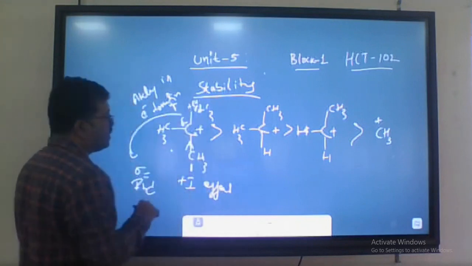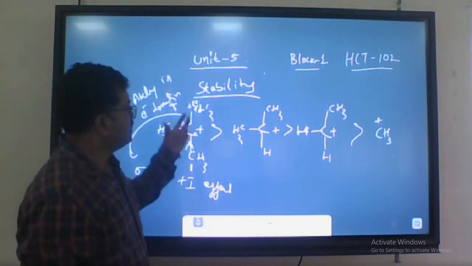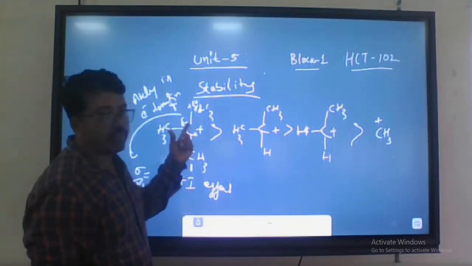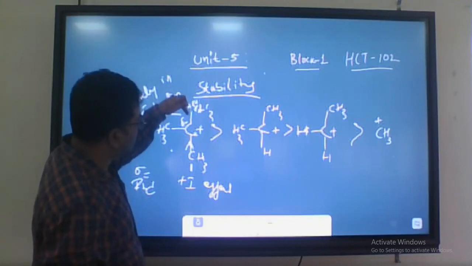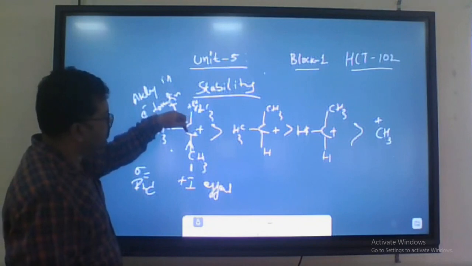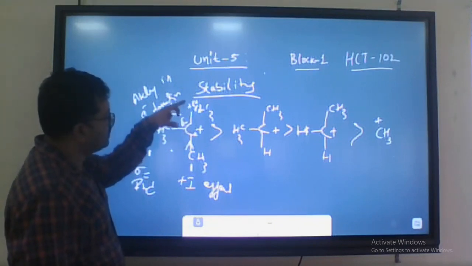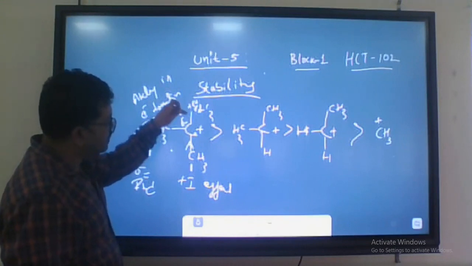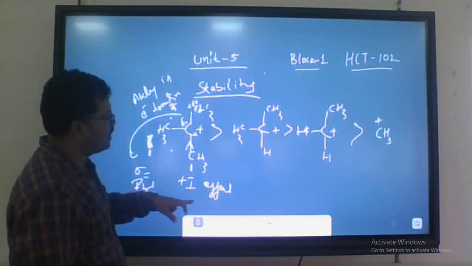It operates only in the sigma bond. So due to partial displacement of the shared pair of electrons in a bond towards the positive charge, it stabilizes the carbocation. This type of shifting of electrons towards the carbon is called plus inductive effect.